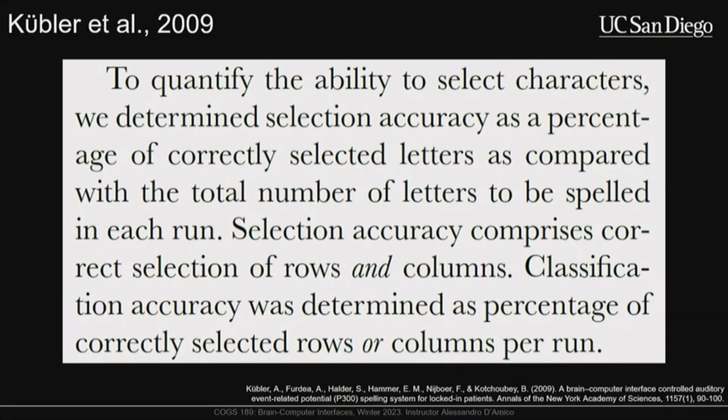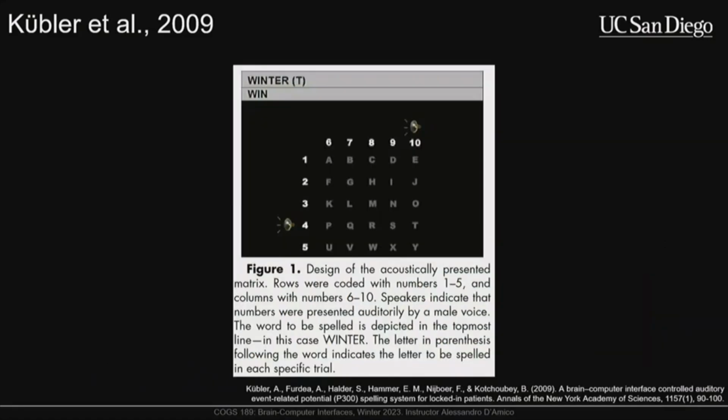So this is how well the system detects the P300 out of, in this case, a 1 in 5 chance. And the selection accuracy is how well the combination of the 2 1-in-5 probabilities goes into selecting one of 25 letters. They got rid of Z, by the way. That's how they were able to fit everything in a 5x5, they just said Z, not important, which is fair most of the time.